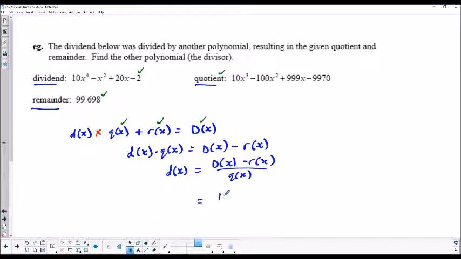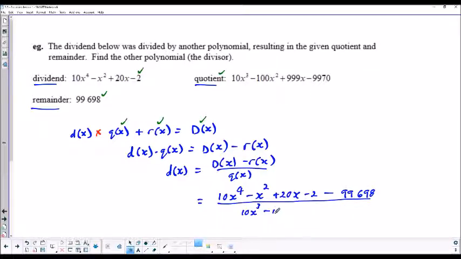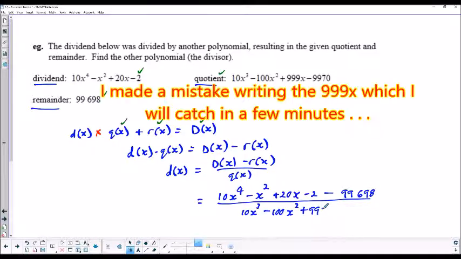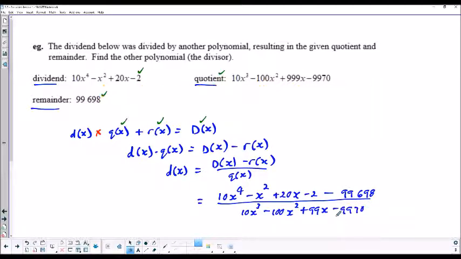So the dividend is 10x to the power of 4 minus x squared plus 20x minus 2 minus the remainder, which is 99,698. And we divide that by the quotient, which is 10x cubed minus 100x squared plus 999x minus 9,970.